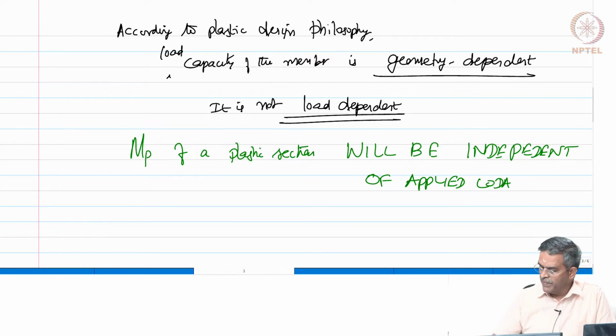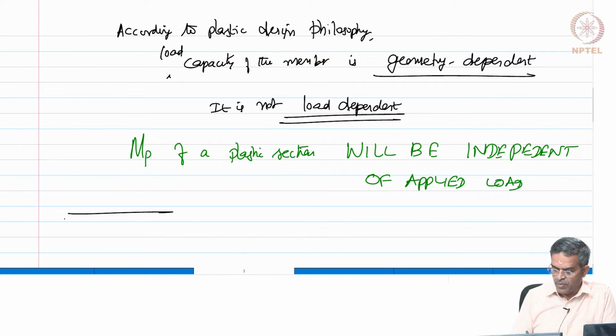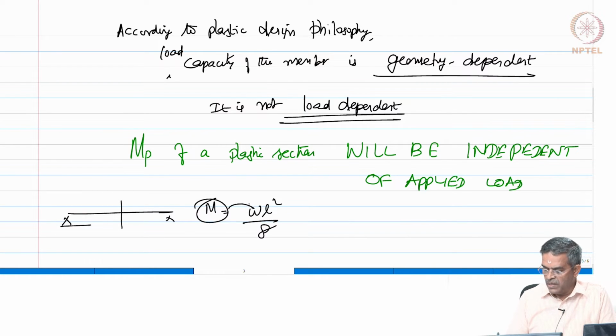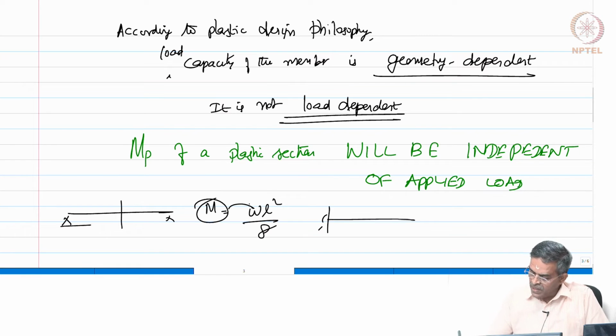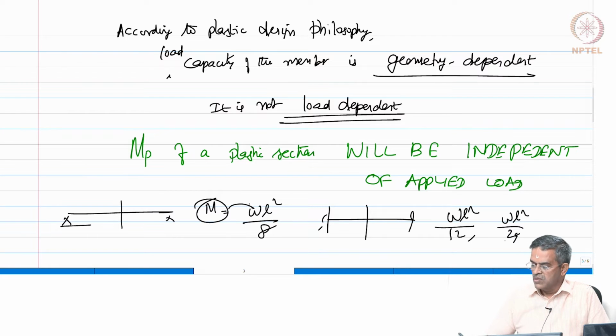For example, if you really wanted to find the moment capacity of any section, let us say a simply supported beam, you will say it is W L square by 8, where moment is a function of load. If you want to find a fixed beam, you say W L square by 12 or W L square by 24. So, the moment is again a function of W, is it not?